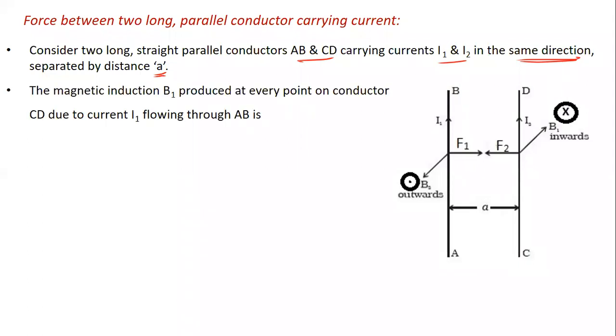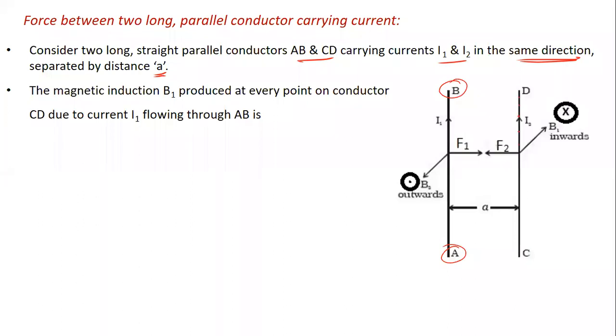The magnetic induction B1 is produced at every point of the conductor CD due to the current I1 flowing through AB. AB produces a magnetic field in its surrounding area. Now it produces a magnetic induction B1 on every part of this other conductor CD.